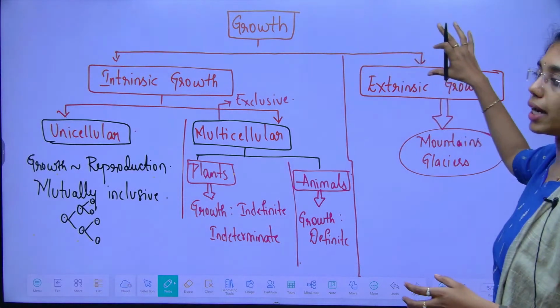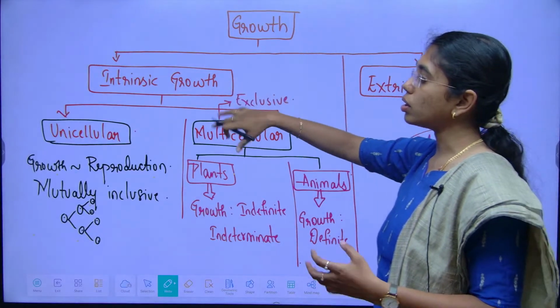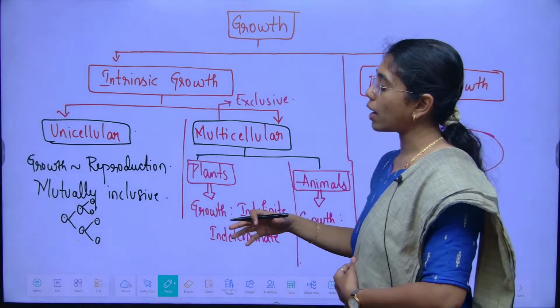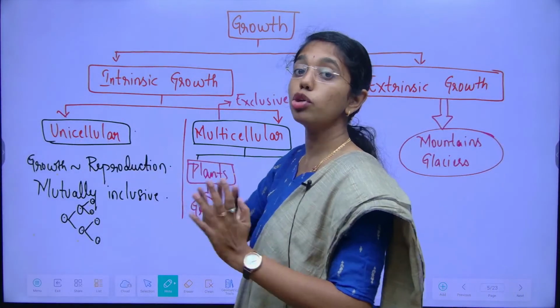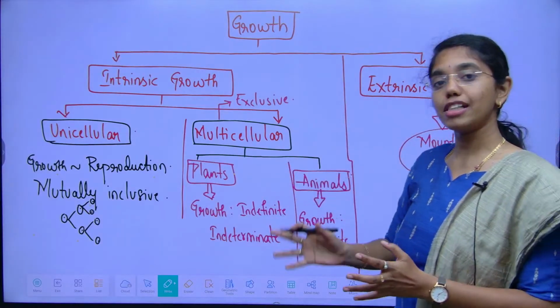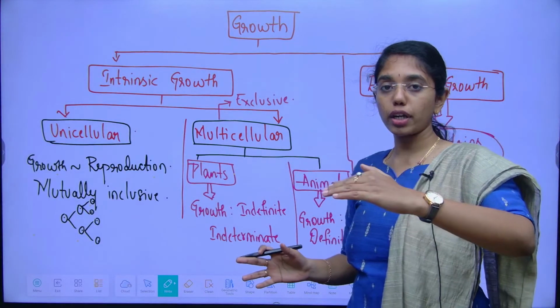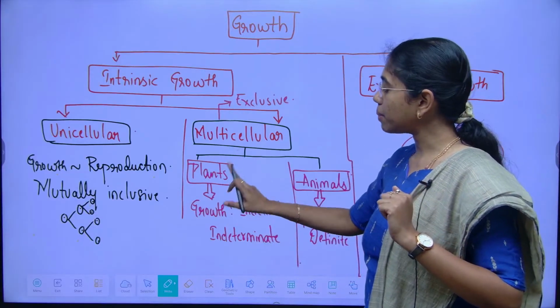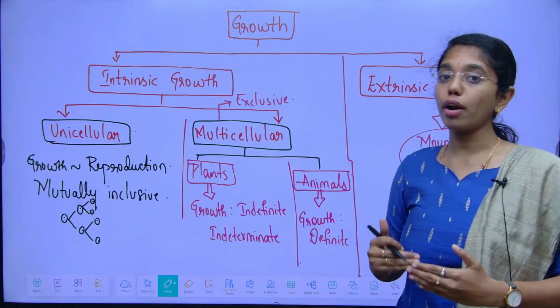First, intrinsic and extrinsic growth. Intrinsic growth happens in unicellular and multicellular organisms. In unicellular organisms, growth and reproduction are mutually inclusive. In multicellular organisms, it is mutually exclusive, because to enter into the reproductive phase, it has to cross the juvenile stage. In plants, growth is indefinite or indeterminate.